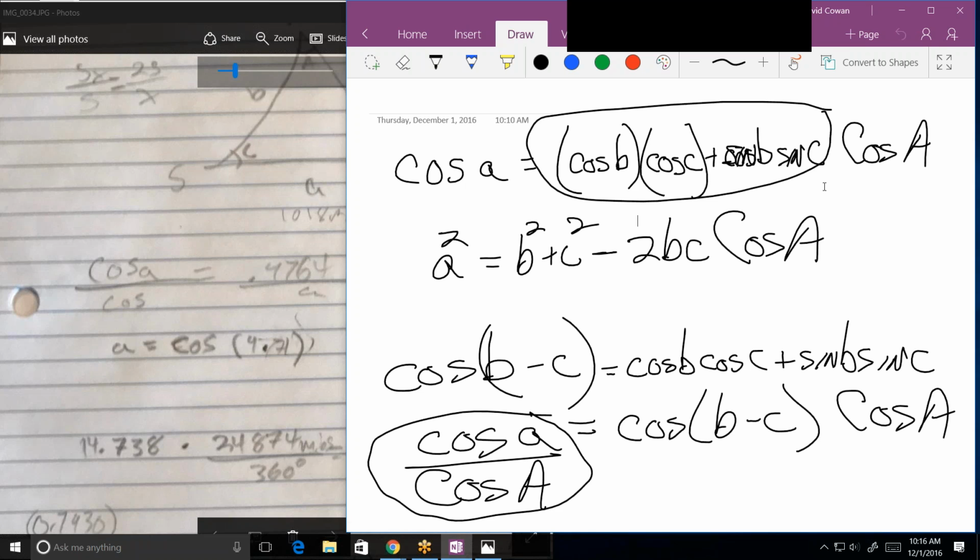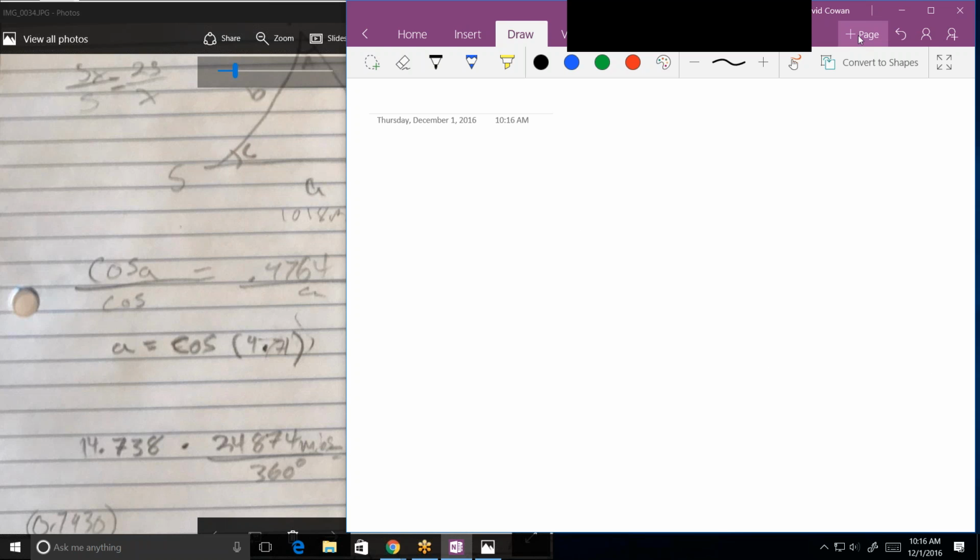Let me draw a picture here and see if I can. I can't even think of how I'm going to do this. We've got Seattle there, we've got Denver here, and the difference. So Denver's latitude is 104, Seattle's latitude is 122.